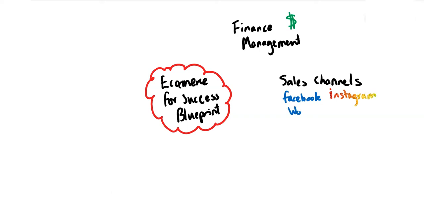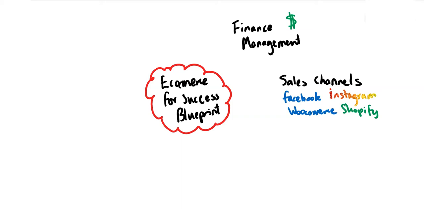You could have your own WooCommerce store, or you could even be on Shopify. So you need to understand what are all the different sales channels that you're using to sell your products or your services. It's sort of like doing an inventory and understanding, a stock take and understanding all the different channels where customers can come and interact with you as a business. So that's understanding the sales channels.